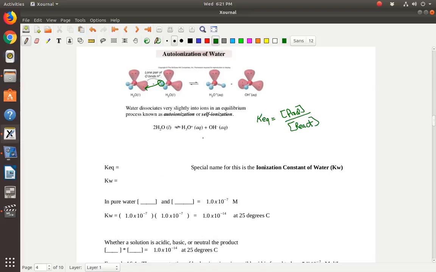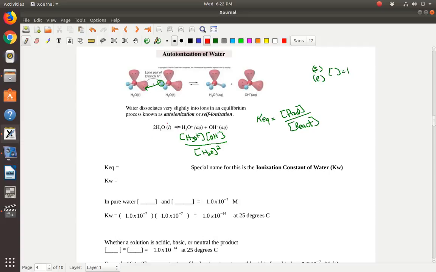So what's the equilibrium constant for this? It would be the products, H3O plus times OH minus, divided by the reactants, H2O squared. But then we have to simplify it. For anything with an S for solid or an L for pure liquid, the concentration of any one of those things is 1.